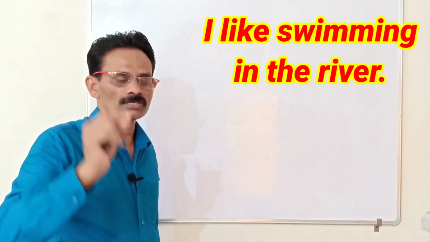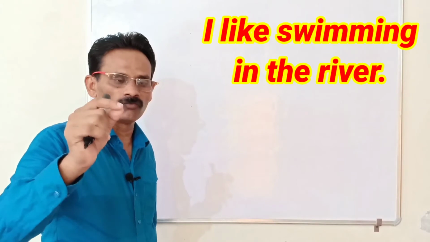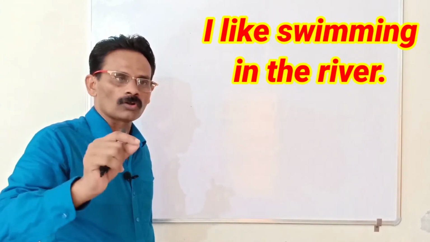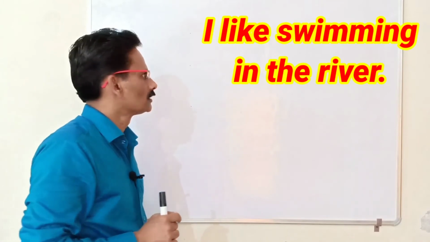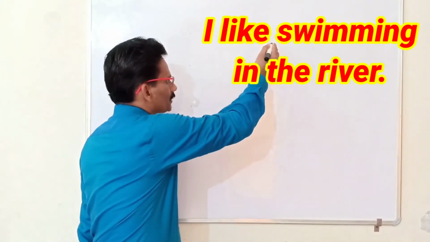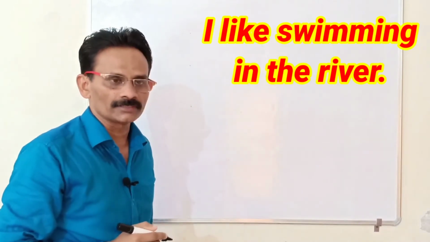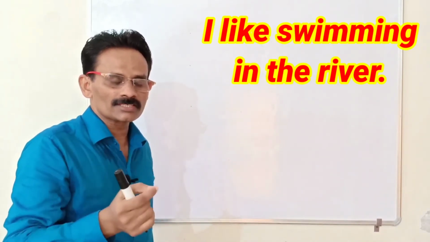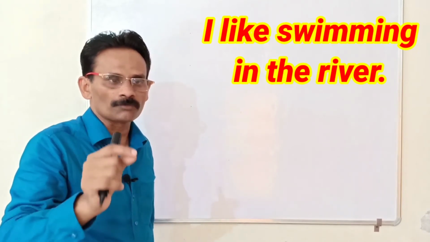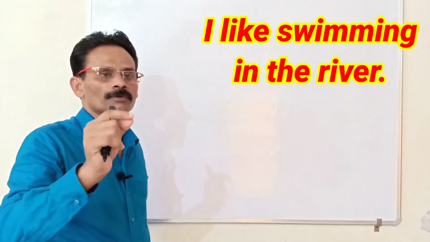It ends in the ing form. It looks like a verb, but it does the work of a noun. And here, it is the object of the verb like. Like is the transitive verb, and swimming is the object of the verb like.